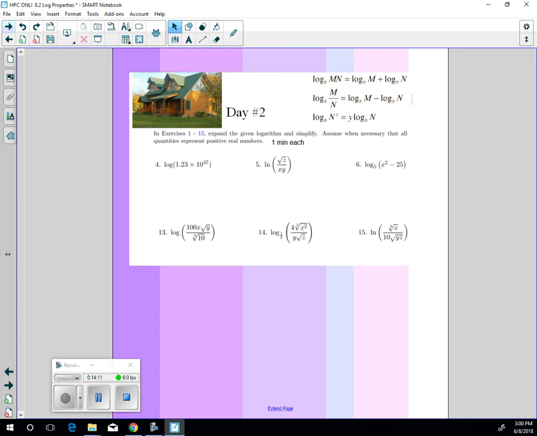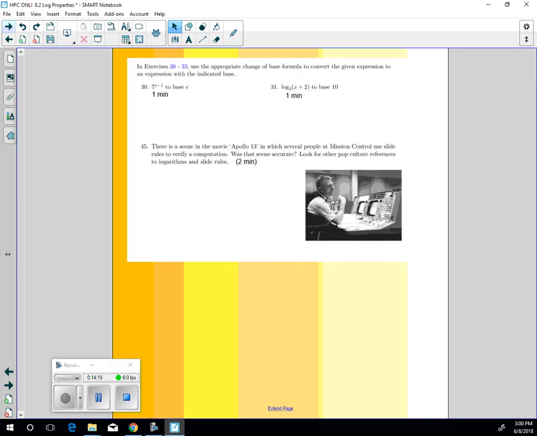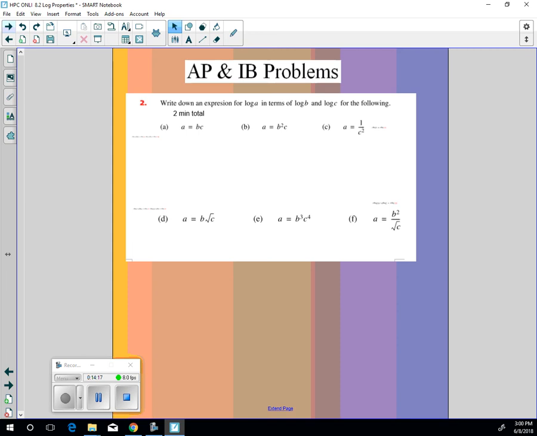And here are the problems. You use the properties some more. See if you can change bases. This one I thought was a little confusing. It says write down the expression of the log in terms of. So if you take the log base 10 of A times B times C, that'll be the log base 10 of A plus log base 10 of B plus log base 10 of C, and if you're multiplying, it becomes addition.